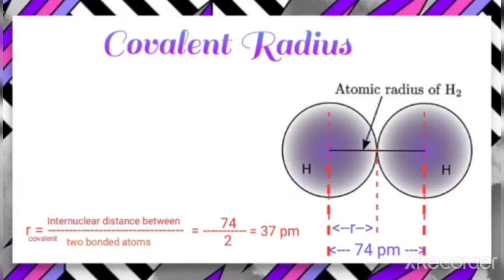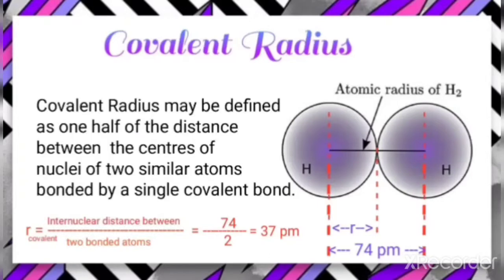How do we define the covalent radius? Covalent radius may be defined as 1/2 of the distance between the centers of nuclei of two similar atoms bonded by a single covalent bond. Let us once again read this definition.